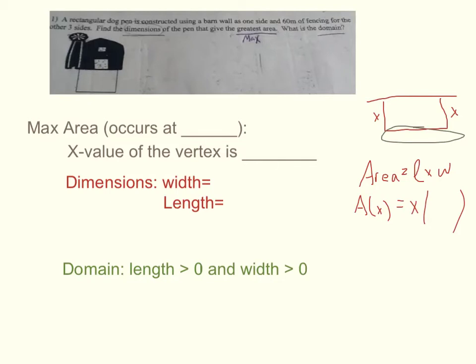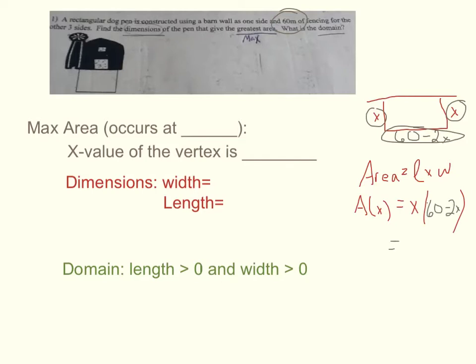Remember, we only had 60 meters of fencing. How much have we used so far? We've used 1 x and 2 x's. So what we have left over is what we started with, 60, take away the 2x we've already used. That's what the other side must be. So the width is 60 minus 2x.